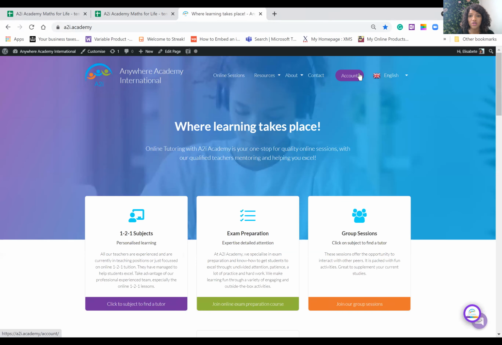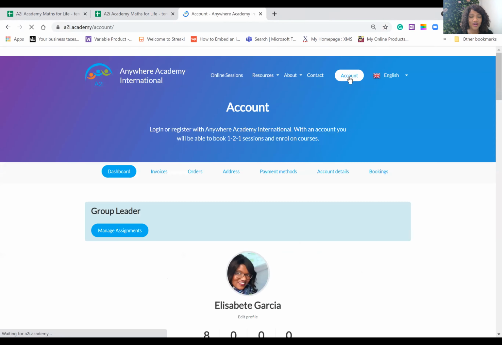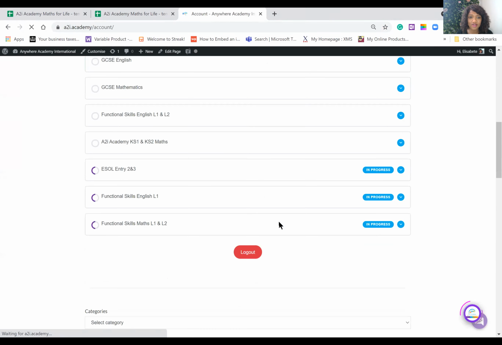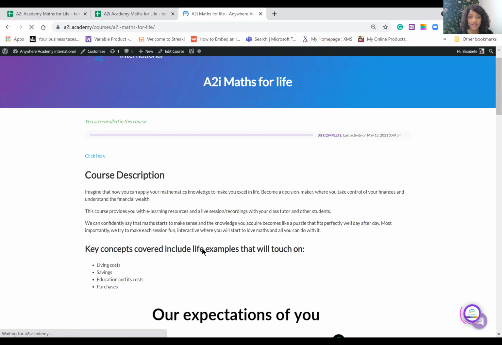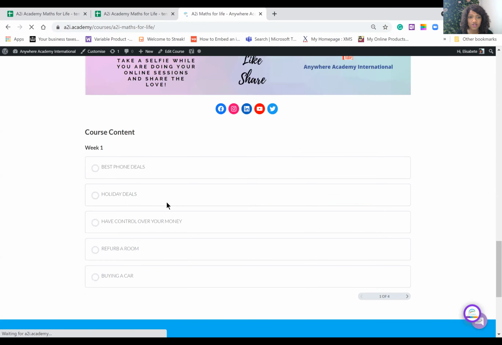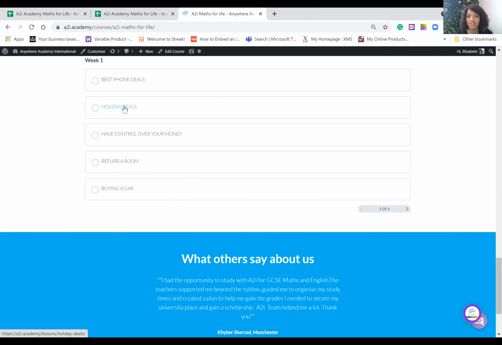And I want you to use the template I gave you, but start thinking of all the processes. Because when you are actually doing this, you go onto your account and you choose the one. I think you just have the one. Maths for Life.